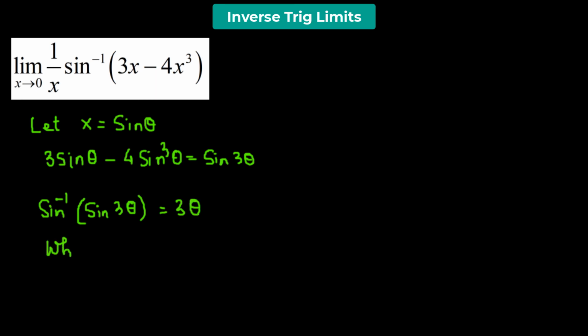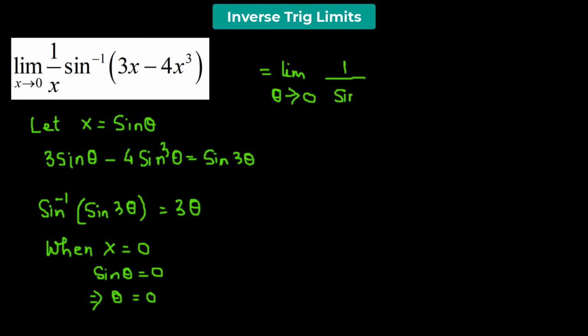Also, we need to find the value of theta. So when x is equal to 0, then we have sine theta equals 0, which is possible when theta approaches 0. So that means now our limit changes from x to theta. So we have theta approaching 0, 1 over x.